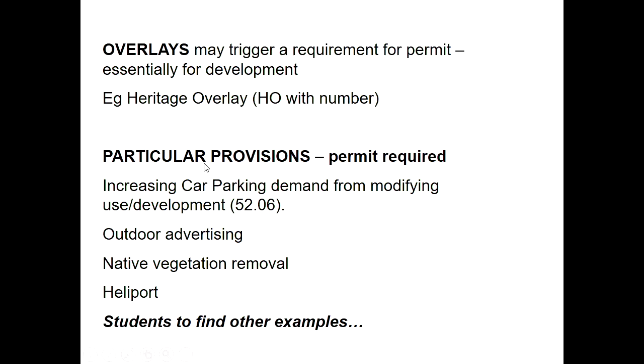Particular provisions can sometimes require a permit for specific things that might need to occur or might occur on the land. One of the classics I've used here is an example where an increase in parking demand might be triggered, that's the wrong word, might be caused by changing the land use.